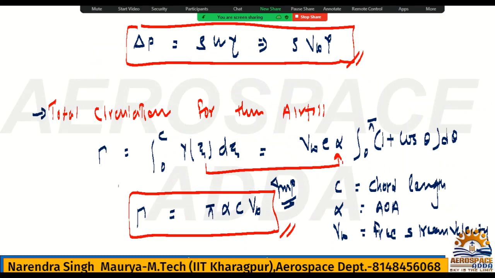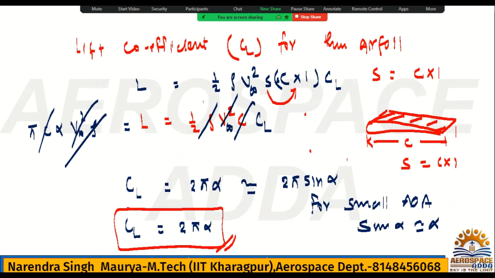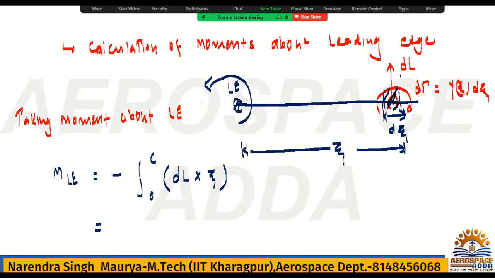If this is the circulation, then from the circulation you can calculate the lift by the Kutta-Joukowski theorem. So rho into circulation, circulation is this gamma, and then you will get dl, that is the lift. So I can write here directly, dl is nothing but rho, velocity we have v infinity, into d circulation.